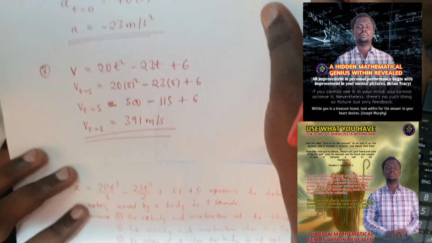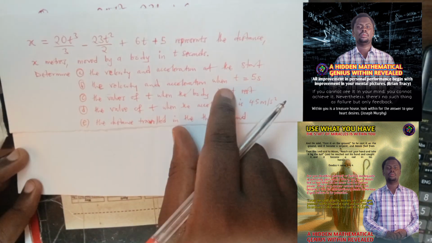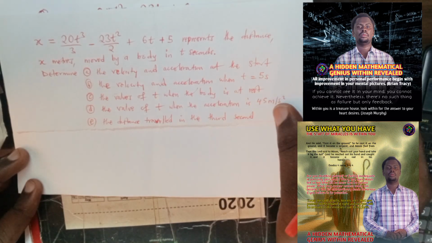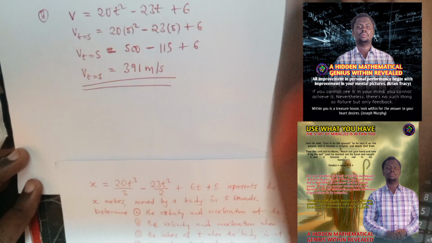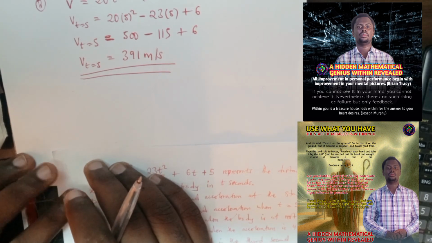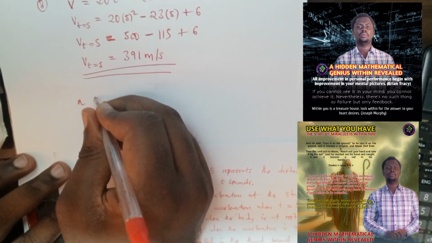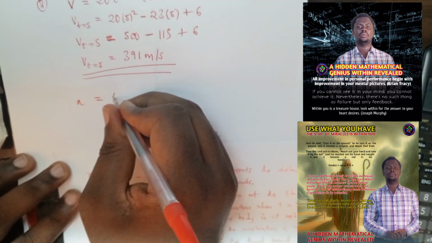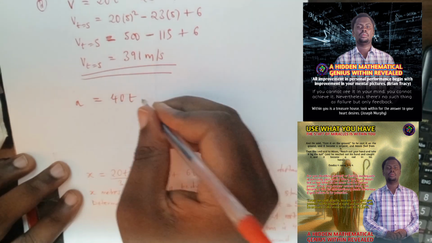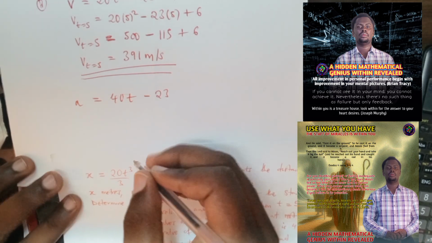Then acceleration. We have acceleration when t is equal to 5 seconds. Again, we have an expression for acceleration. That is, acceleration is equal to 40t minus 23.